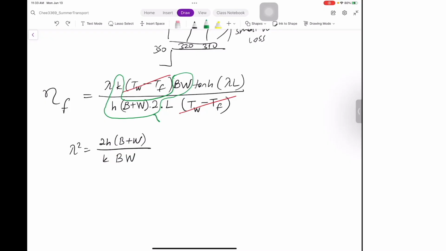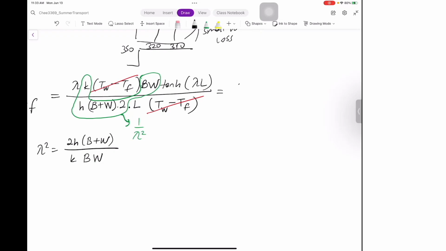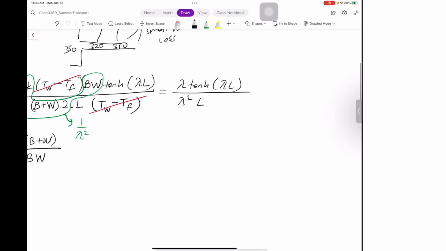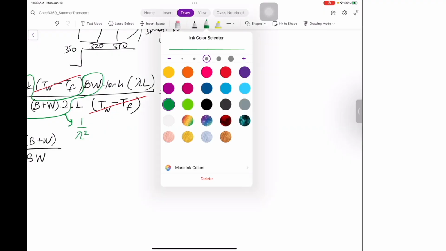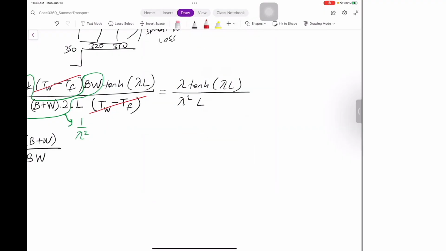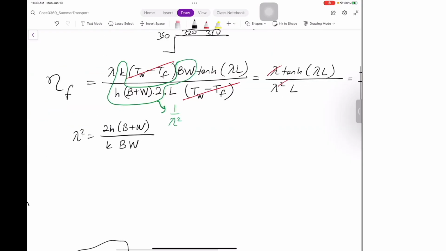So this one must be 1 over lambda squared. And after the simplification, you get lambda tangent hyperbolic lambda L, divided by lambda squared L. After you simplify the lambda and lambda squared, you get tangent hyperbolic lambda L over lambda L. A very simple expression, right?